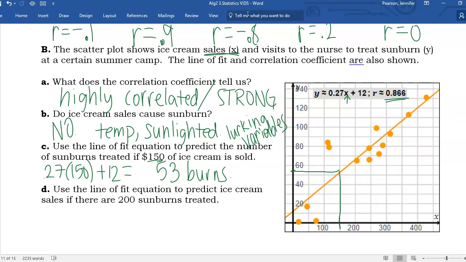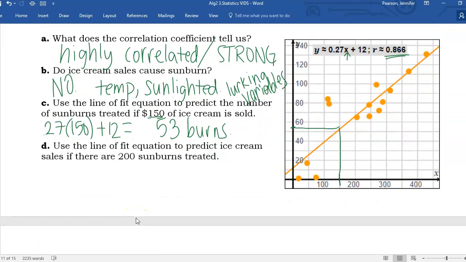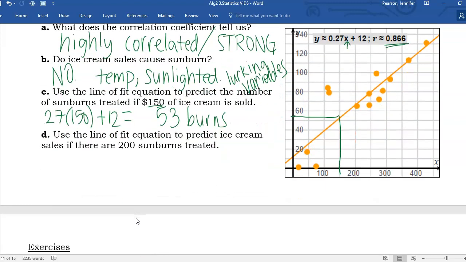And our last one, use the line of fit to predict ice cream sales if there are 200 sunburns treated. Okay, so again, I'm going to use the equation to do this. My graph doesn't even go to 200, right? I stop at 140 on my graph. So if we had 200 sunburns way up there, that's going to be my y.